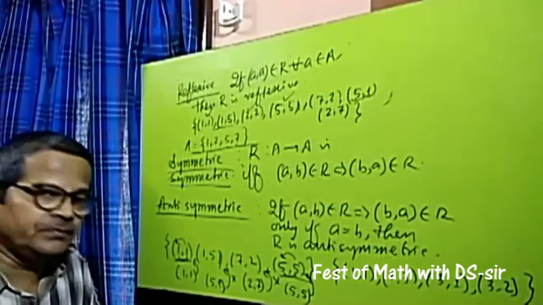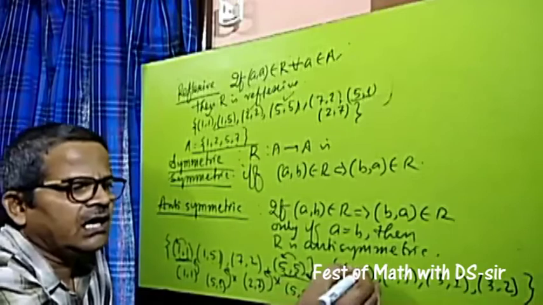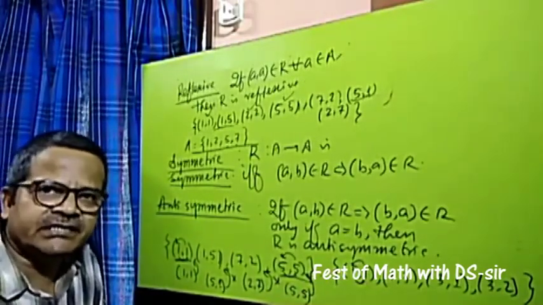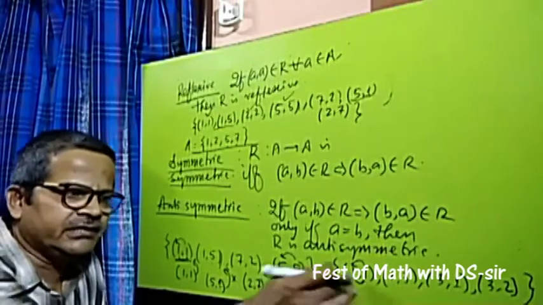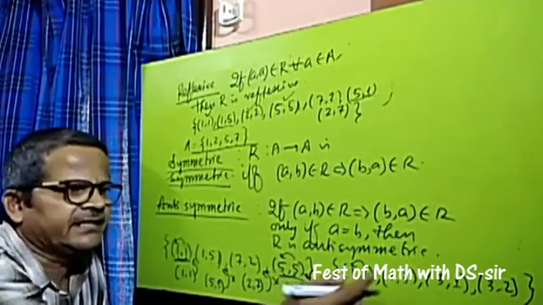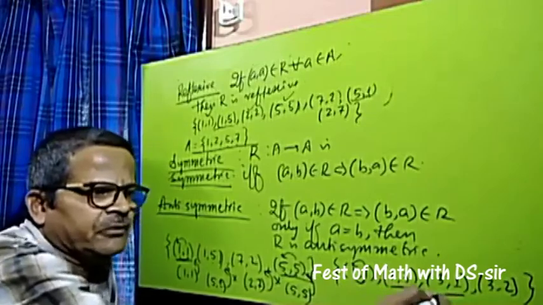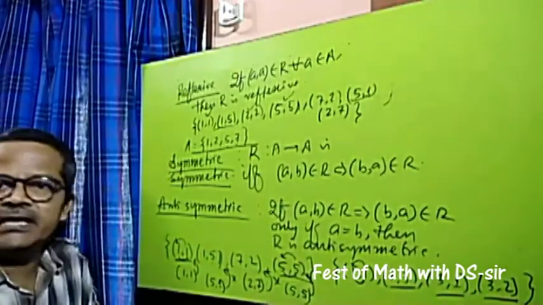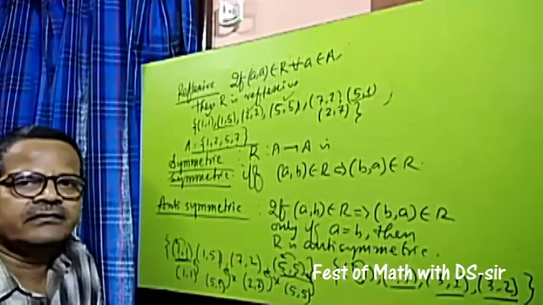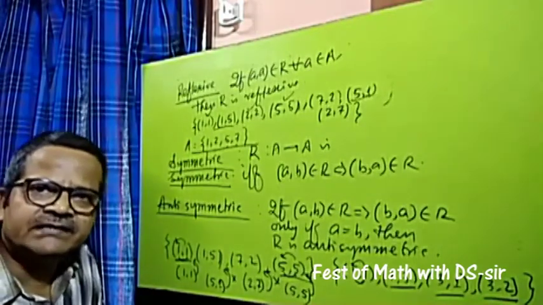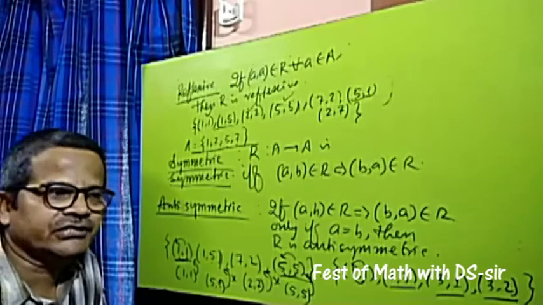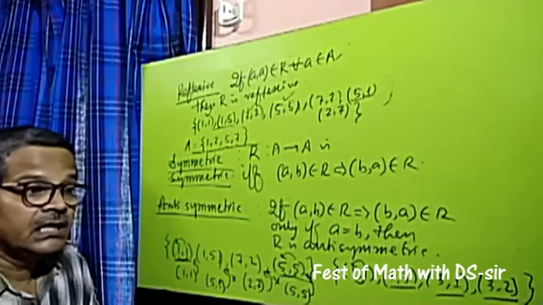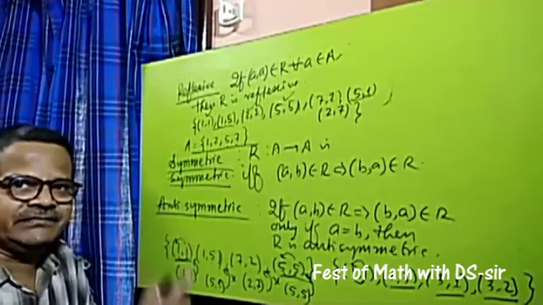Because to be symmetric, the ordered pair obtained by interchanging image and pre-image must be included. That is included for this pair, and for this pair, but for this ordered pair the reversed ordered pair is not included. So it is not symmetric. It is not anti-symmetric also.